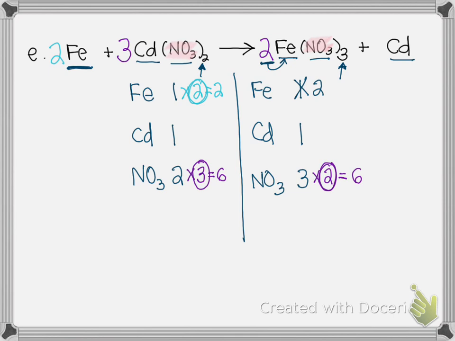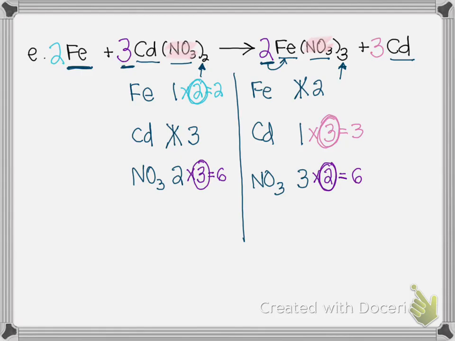And now we're going to do the same thing with the cadmium. Now, on the reactant side, because I added the coefficient, I have 3, but I still only have 1 on the product side, so I'm going to multiply this one by 3, and what you multiply by is the coefficient, and so then I have a 3. So my coefficients are a 2 in front of the iron.